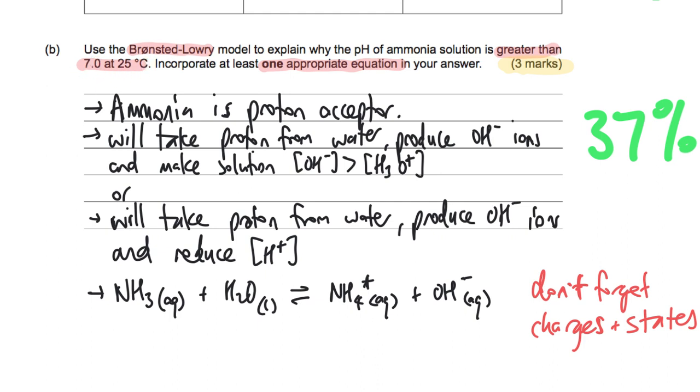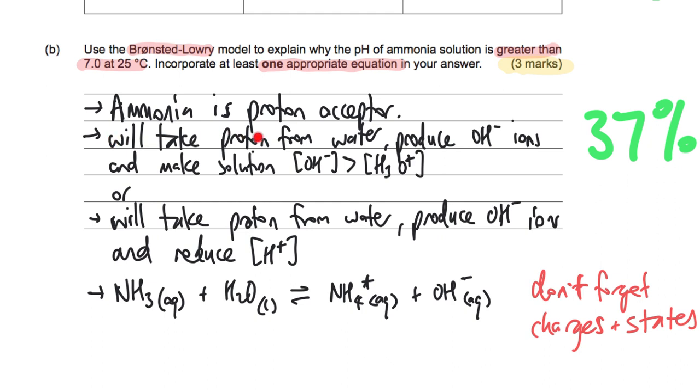If you're talking about the Bronsted-Lowry model, ammonia is a proton acceptor. So you know that ammonia is a base. Once you've related it to Bronsted-Lowry, you need to talk about the solution having a pH greater than 7.